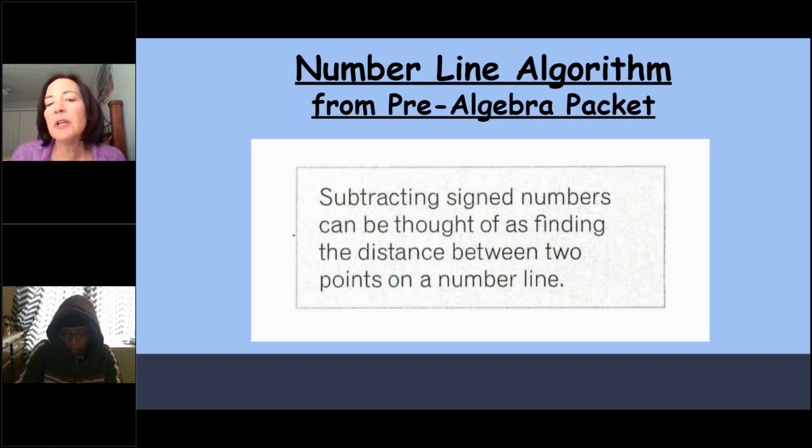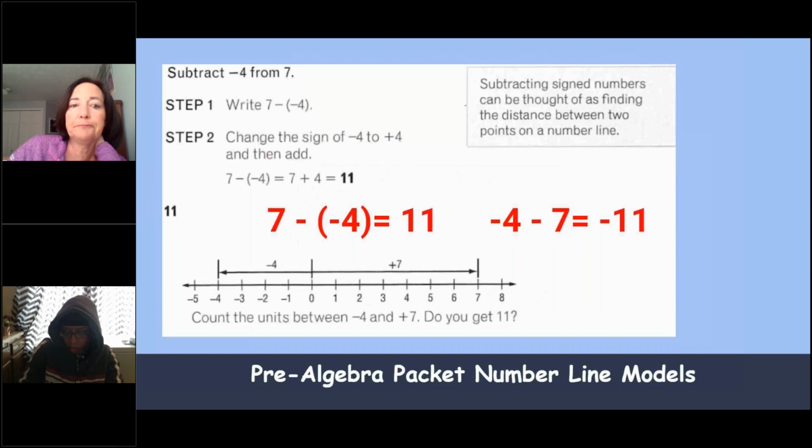So I just wanted you to be aware that this algorithm's out there, but it doesn't finish the problem for you. You actually have to take more steps beyond to figure out if it's going to be a positive or a negative answer. But their algorithm says subtracting signed numbers can be thought of as finding the distance between 2 points on a number line. And they had this example.